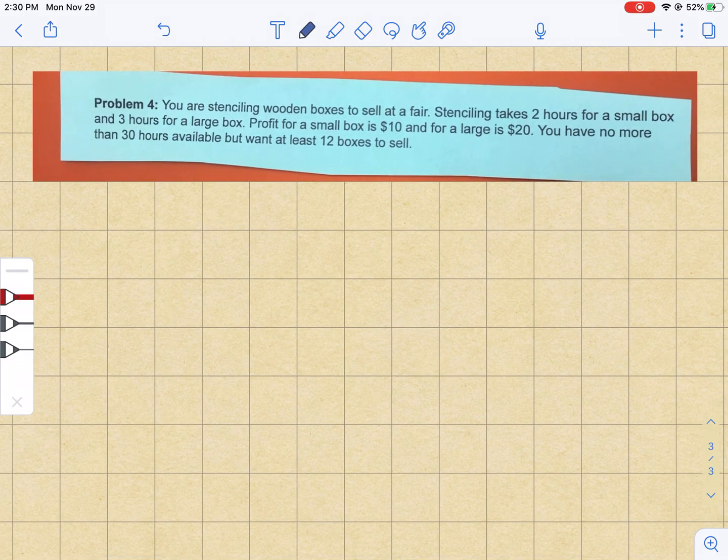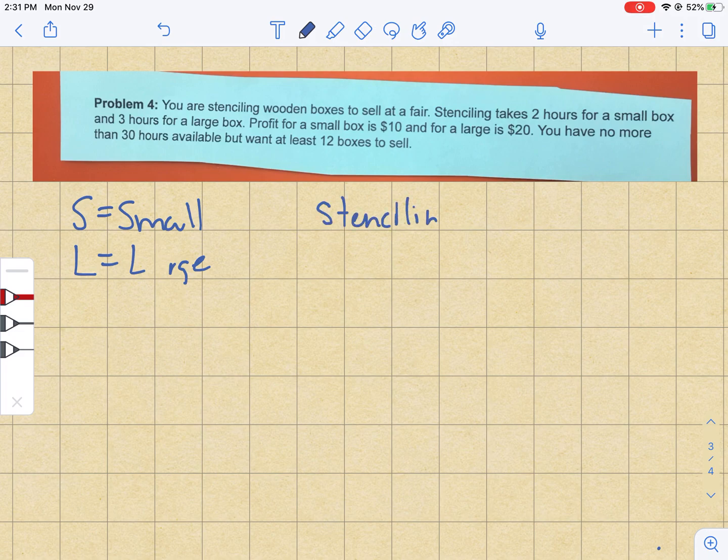So the last one, we're stenciling wooden boxes to sell at the fair. So we have a small box and we have a large box. So stenciling takes 2 hours. So we're talking about stenciling, and then we also have profit.